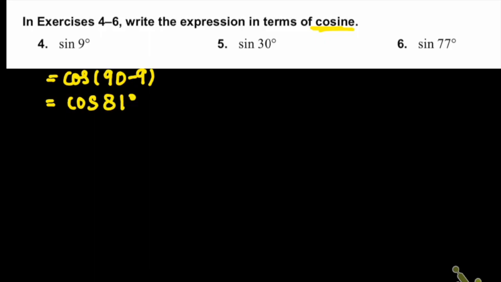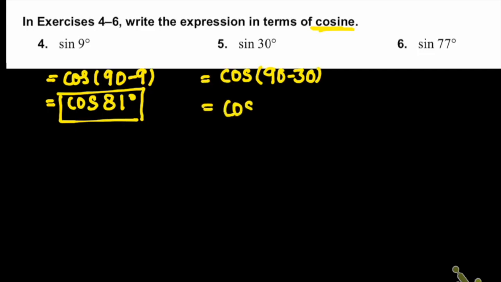Because I know sine of A is cosine of 90 minus A. That we have used here. If I do this one, that's going to be cosine of 90 minus 30, which equals cosine of 60 degrees.